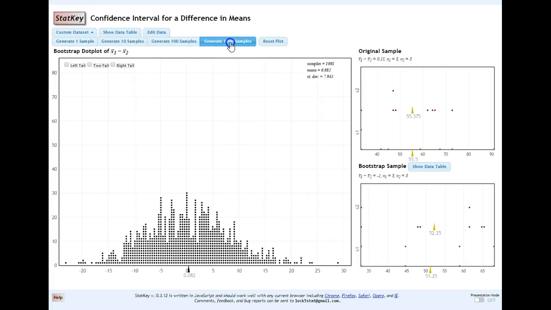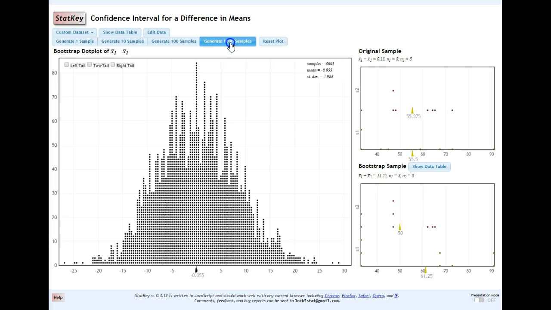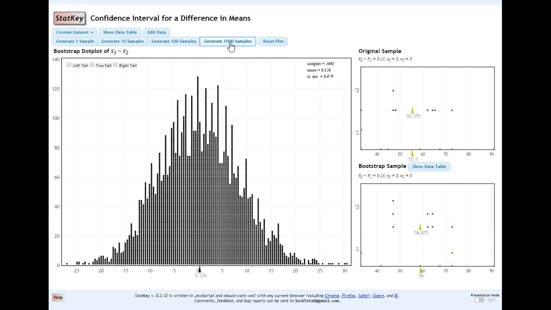If you generate many samples here, it's going to do that over and over, and if you hover your mouse or tablet over this, you will see that as I move my mouse farther across the screen, the two yellow arrows get closer and closer together until they're the same at 0, and then the difference is more the other direction. So they get farther apart as you get on the ends.